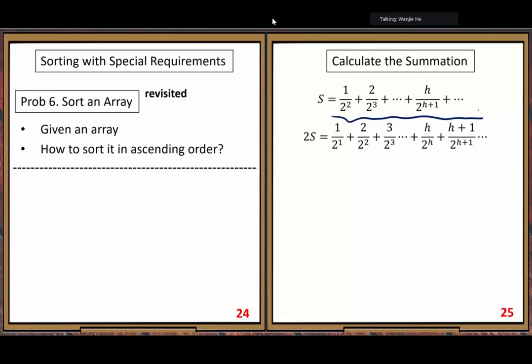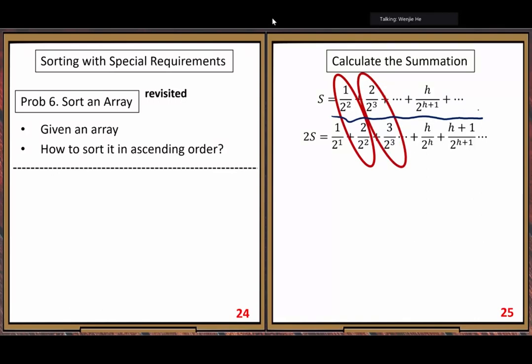So then the numerators, you will see the numerators look slightly different. If you compare these two lines, the S expression and the 2S expression, you can see for the same power of 2 denominator, the difference of the numerator is 1.